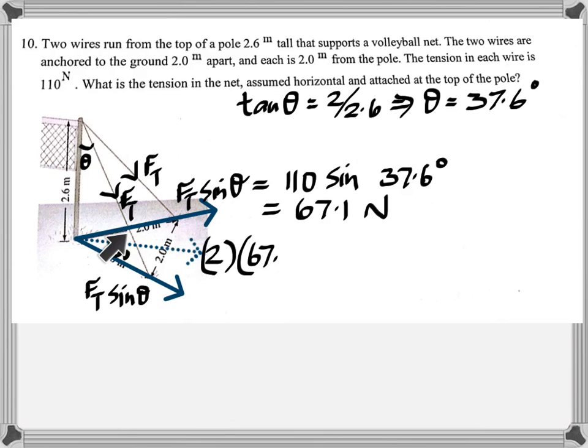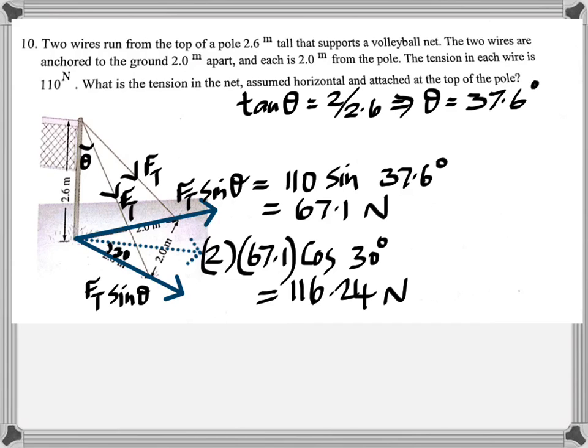So you get 67.1 cos 30 along this direction. You do the same here, so you get 2 times that. So that's why you have 2 times 67.1 cos 30 degrees, which gives you 116.24 Newton.